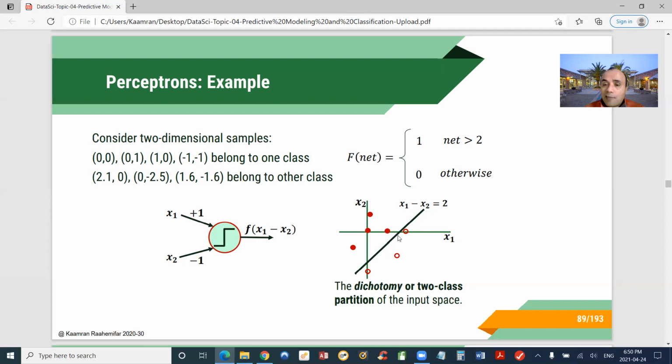You could come back and say, listen, this line doesn't have to be x1 minus x2 equal to 2. You're absolutely right. This line could potentially be a little bit tilted, and still the classification is going to work. First and foremost, the neural network doesn't have to be a unique answer. That depends on the rule book that you have, and on how you bring the input to the system.